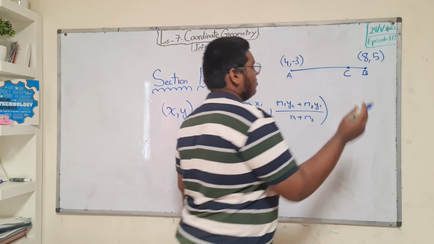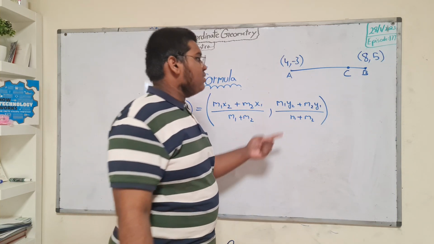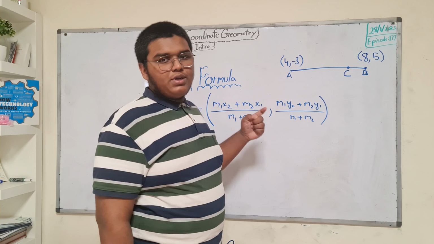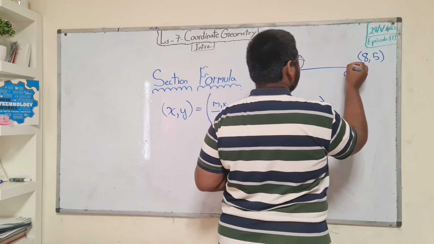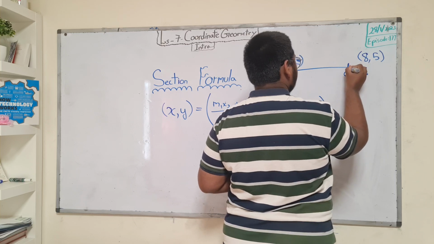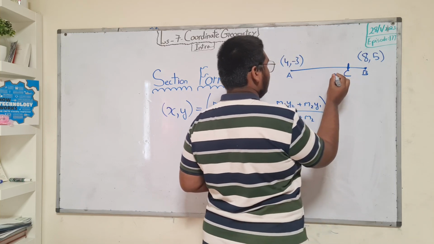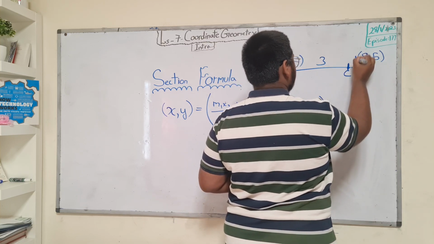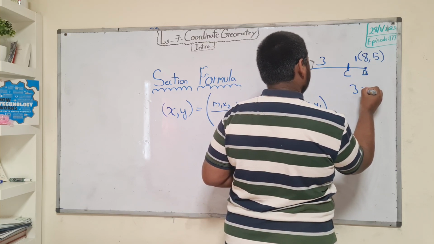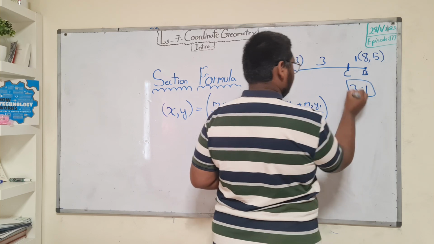Now in the question it is asked that we have to find the point C. Now how are we going to find that? Let us assume that this is the point C, and we have been given the ratio 3 is to 1. So this is very important.